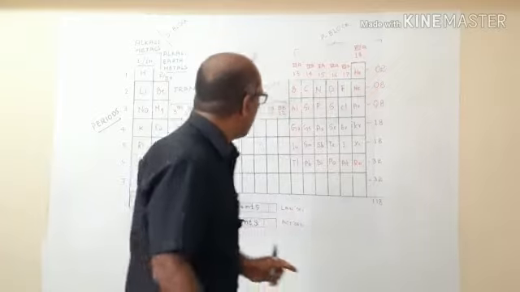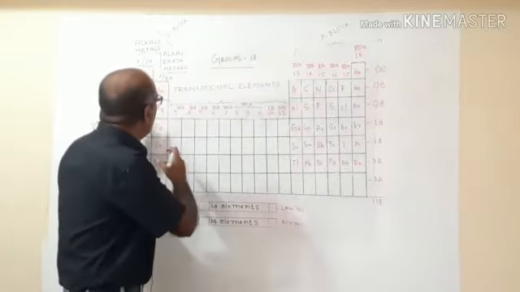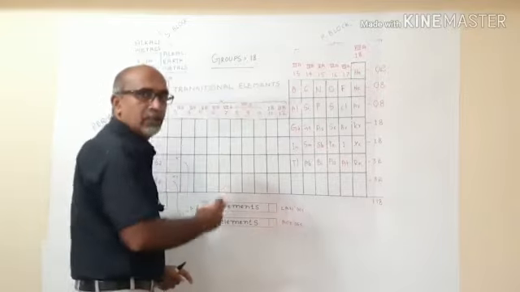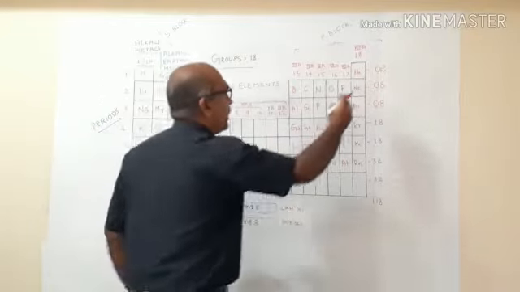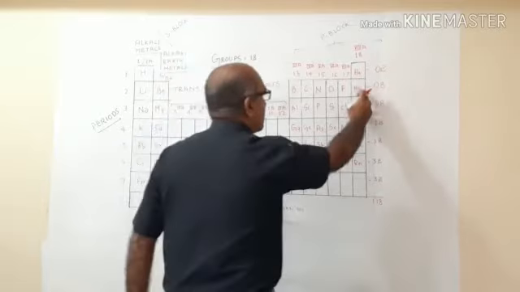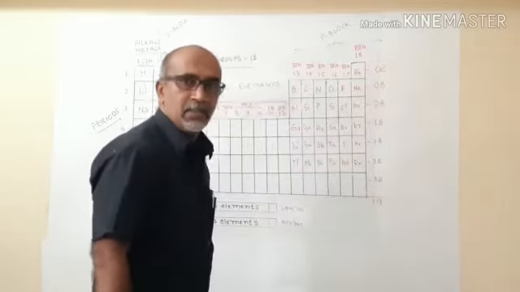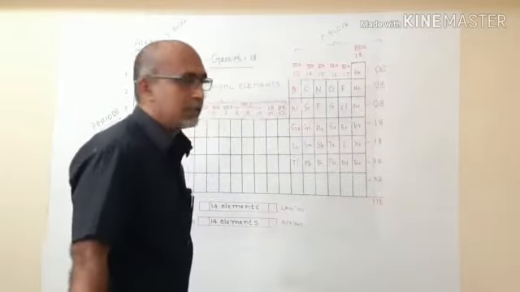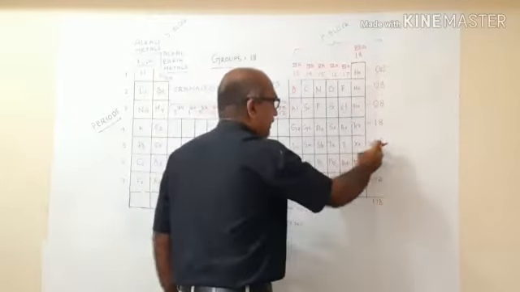Again, totally, in the first period horizontally I am considering 2, then the second 8, then 8, then 18 and 18.